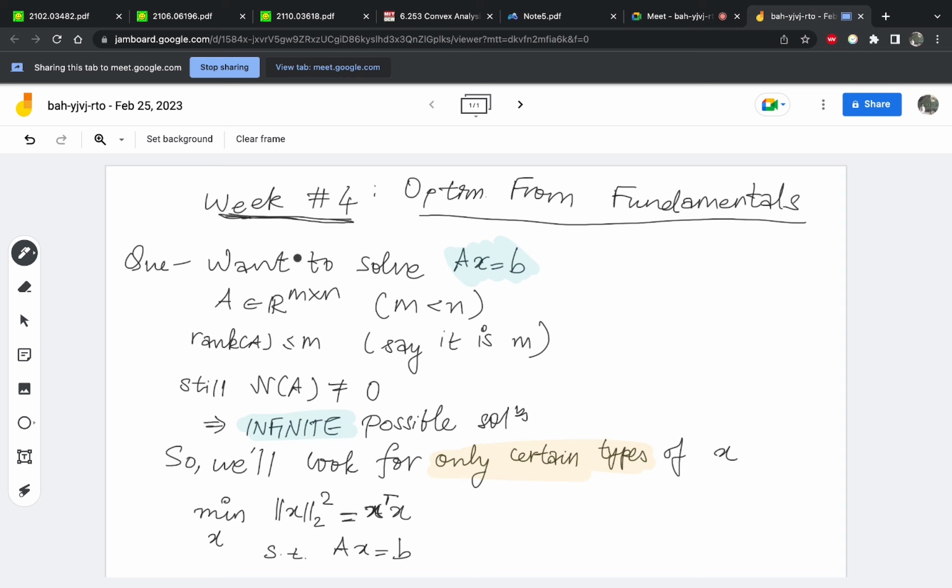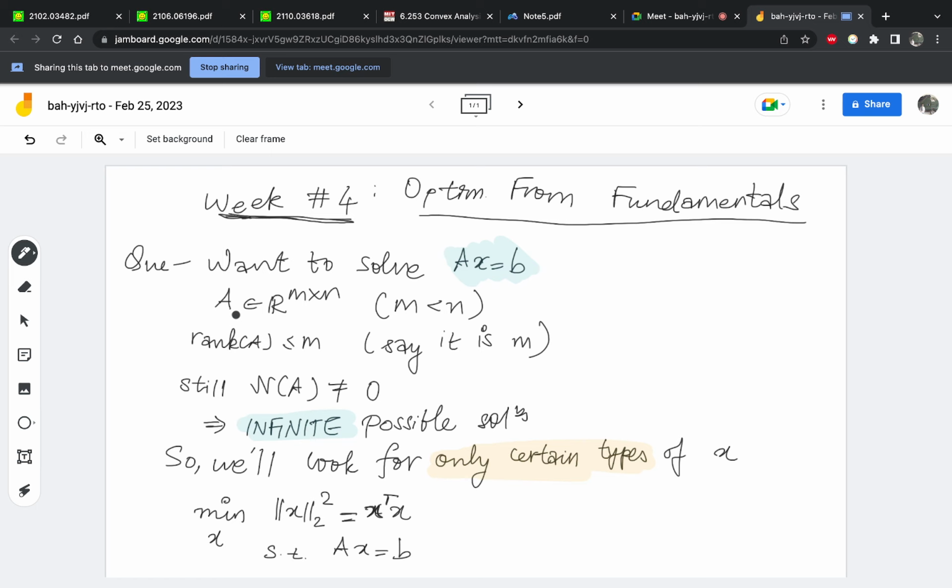The problem is you have to solve Ax equals b, and it's a fat matrix, meaning the number of rows is fewer than the number of columns: fewer equations and more variables. Because of this, the null space of A is not going to be trivial, and hence there are a lot of solutions possible.